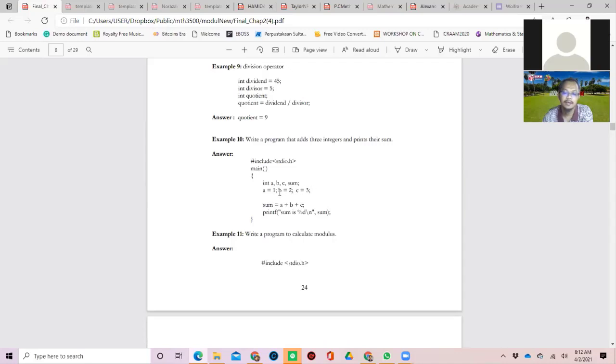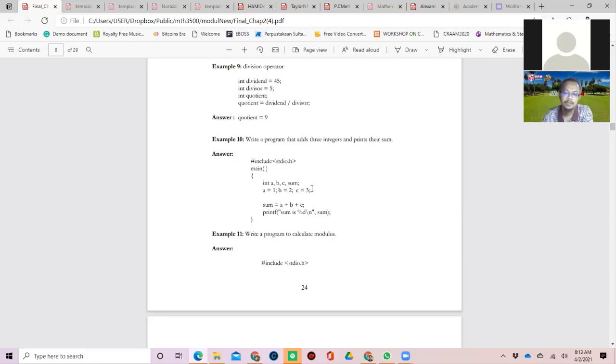We cannot use a comma. In C it's very particular: each statement should end with a semicolon. So a equal to 1 is one statement, b equal to 2 is one statement, and c equal to 3 is another statement.